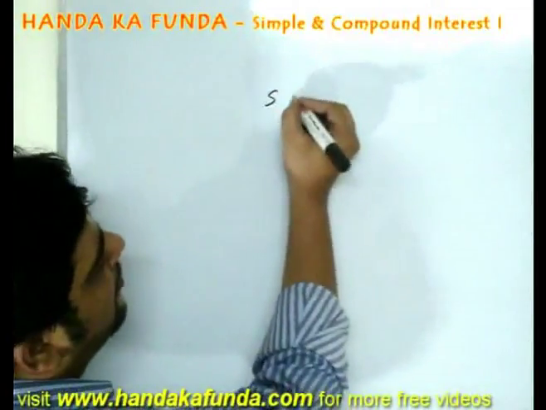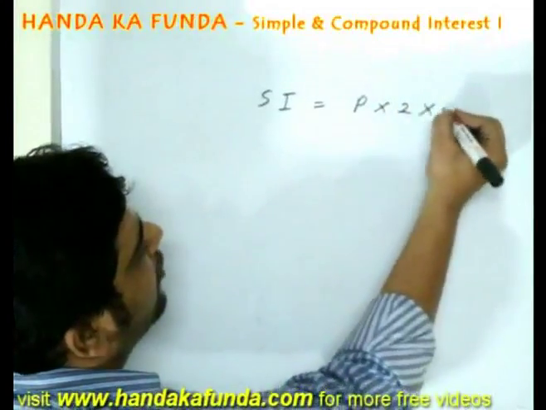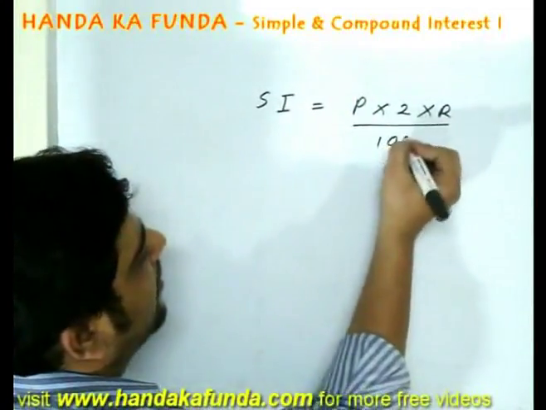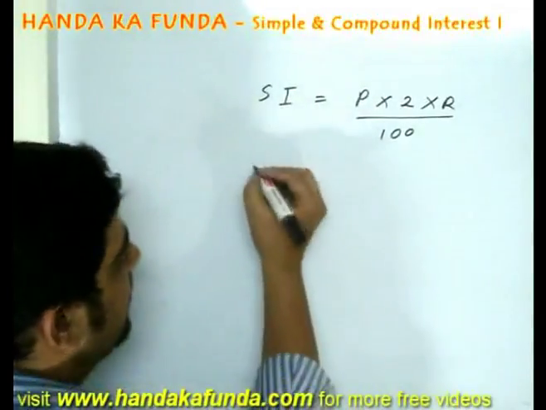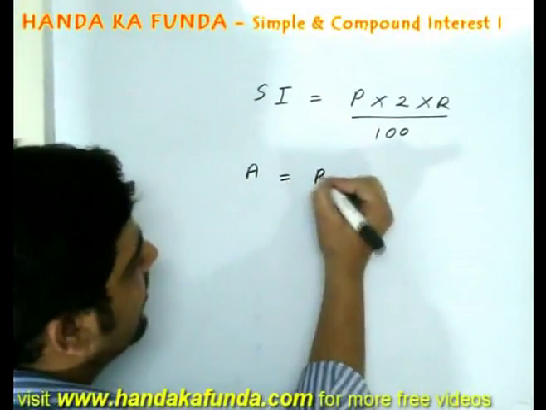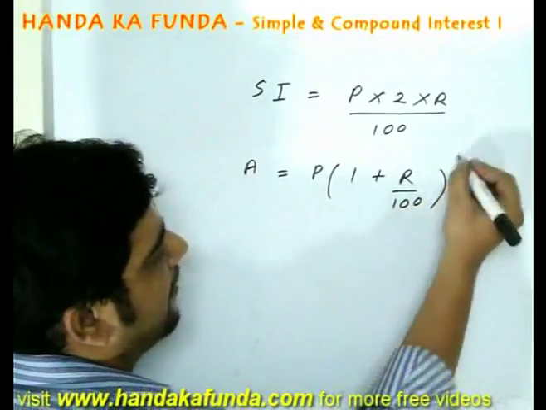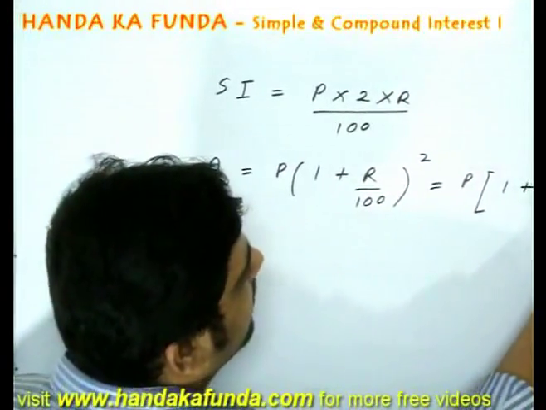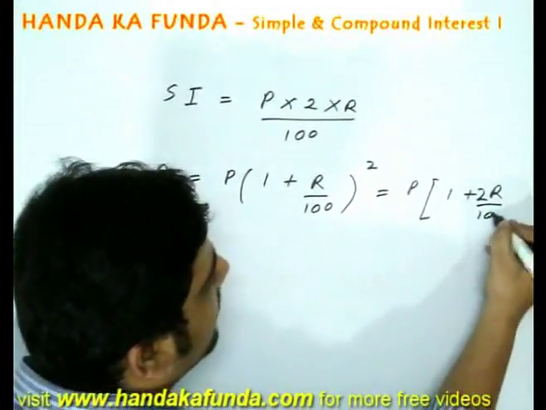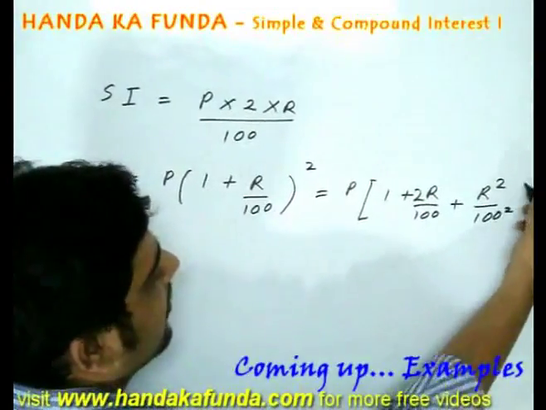Simple interest in case of 2 years will be P into 2 into R by 100 because the time period is 2 years. For the compound interest, I first need to calculate the amount, that is P into 1 plus R by 100 whole square, which will be effectively P into 1 plus 2R by 100 plus R square by 100 square.